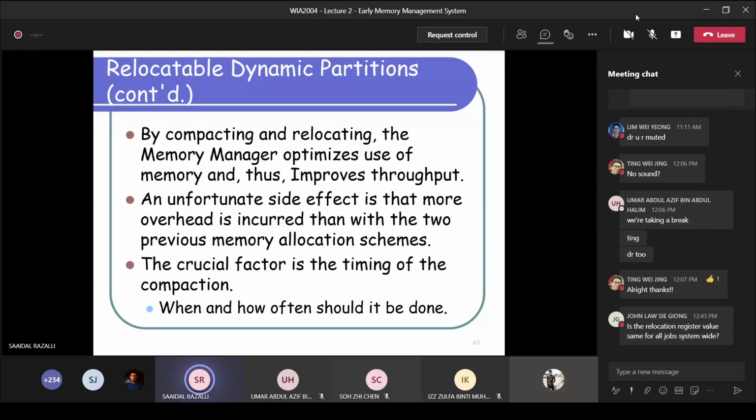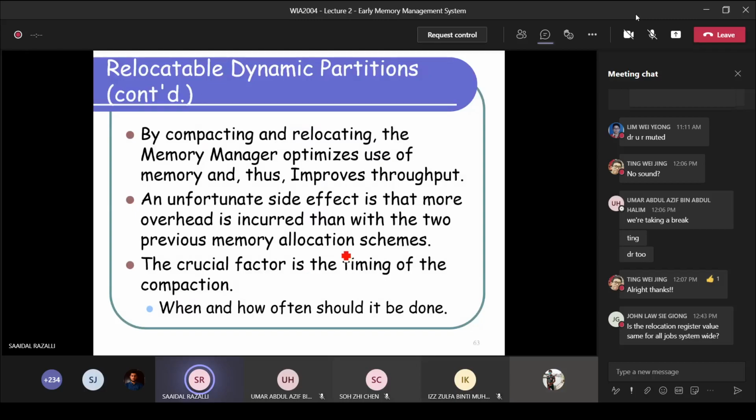When you add more complexity to the system, it has a heavy computational load. Of course, there's a trade-off: you optimize memory management and improve throughput, but you also increase the computational load.